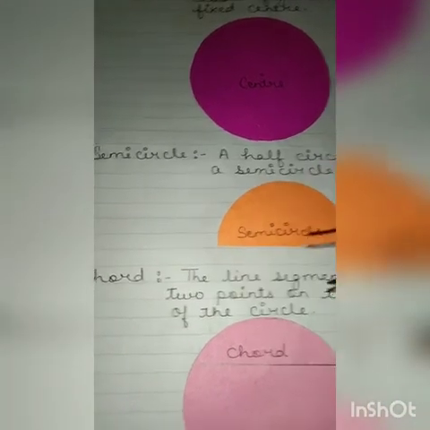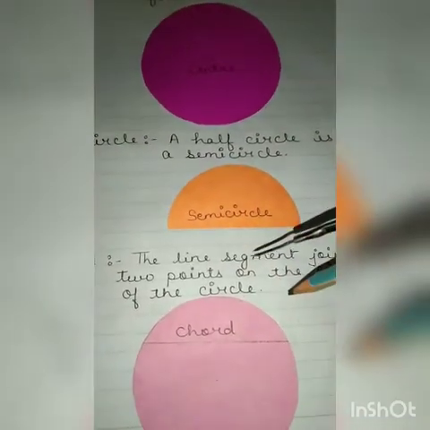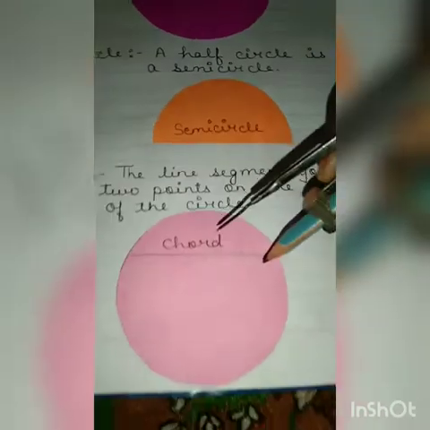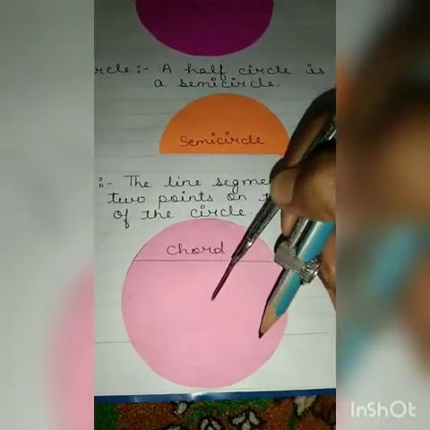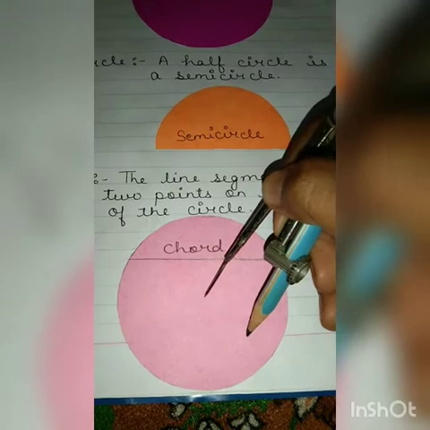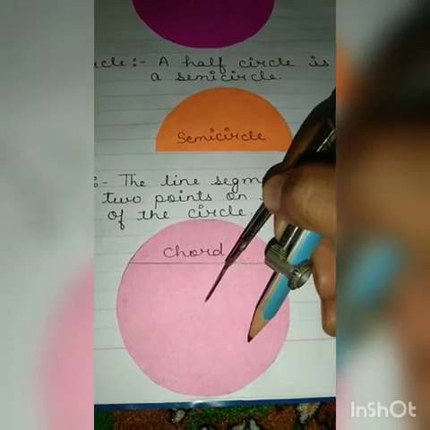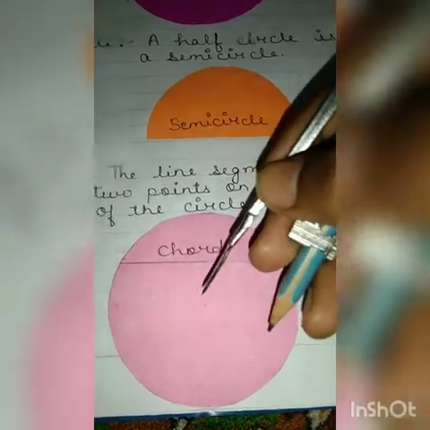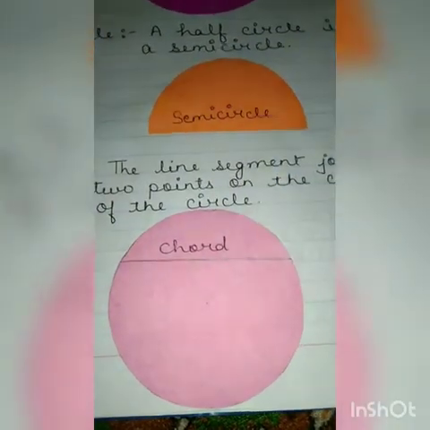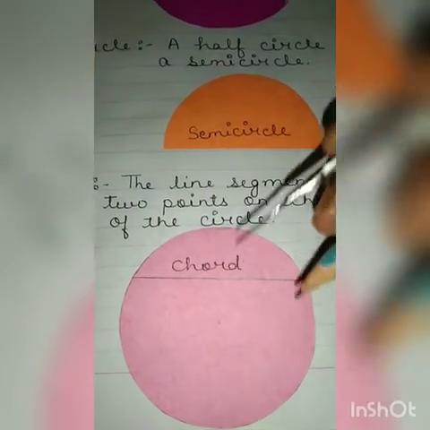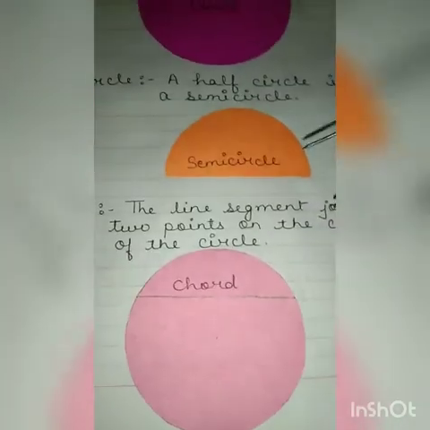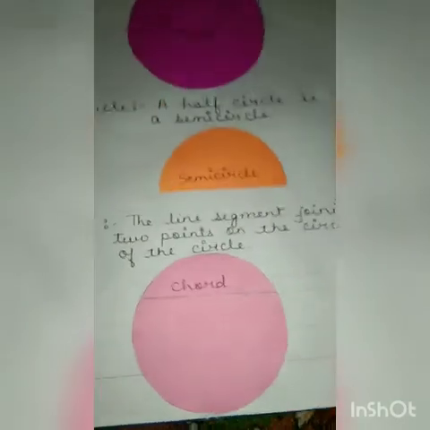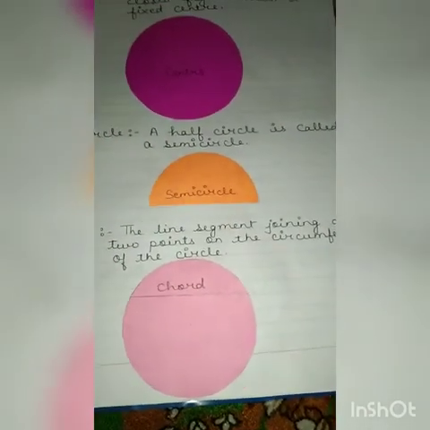Now the third topic is chord. The line segment joining any 2 points on the circumference of the circle. This is the circle, you can see, and you can see the dot here which I was explaining. This is the point which is left after drawing the circle with the help of this compass. So this is the point of this needle. Now the line segment joining 2 points on the circumference of the circle is known as chord.